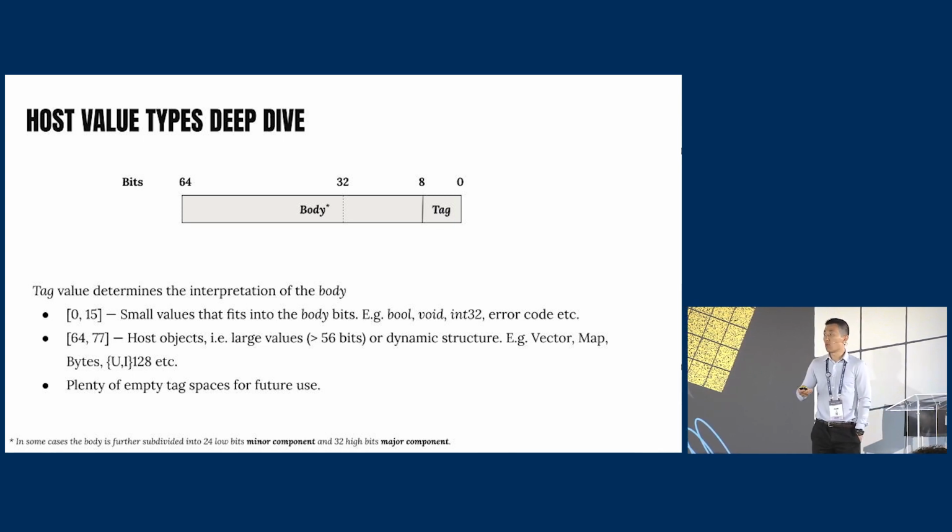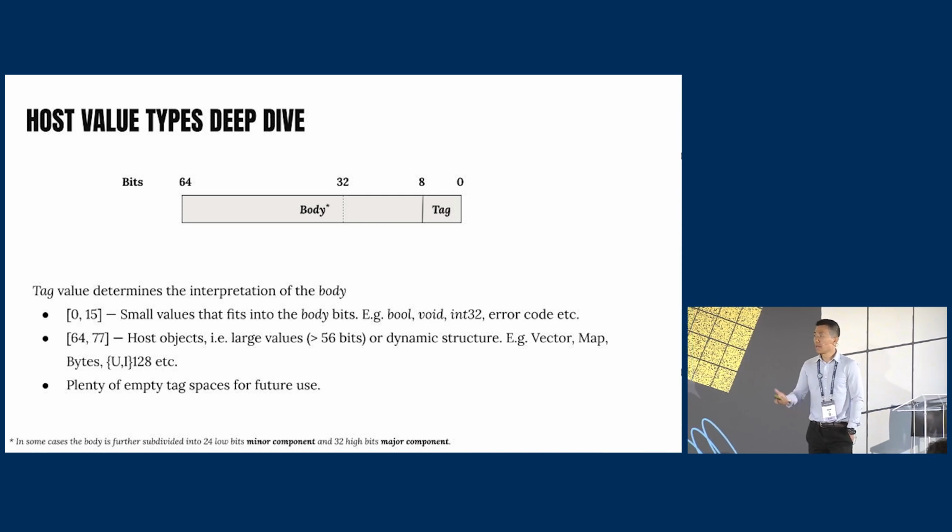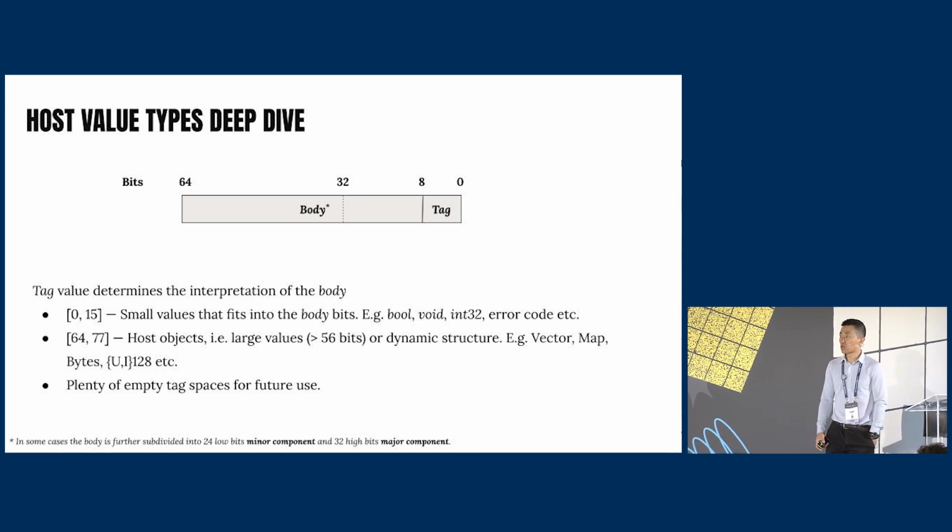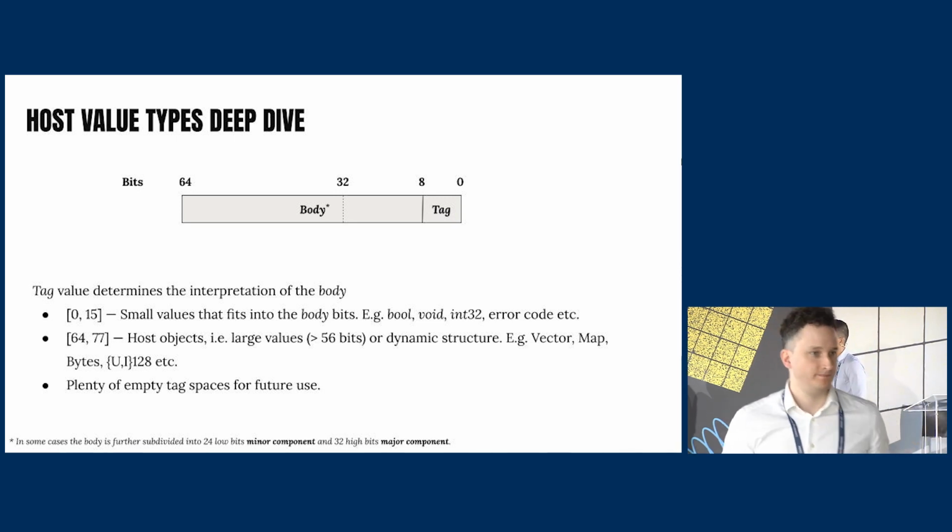They are immutable once created, so any operation that implies modification of a host object actually creates a new host object. This is also a deliberate design choice that has a lot of considerations, which we will not dive into in detail right now, but I'm happy to do a follow-up if needed.